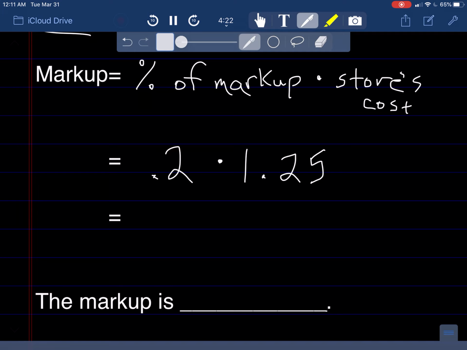So when you did 0.2 times 1.25, you should have gotten 0.25. And we're talking about money. So if they marked up the price of $1.25 by 20%, they did a markup of, and again, we're writing this as money, 25 cents.